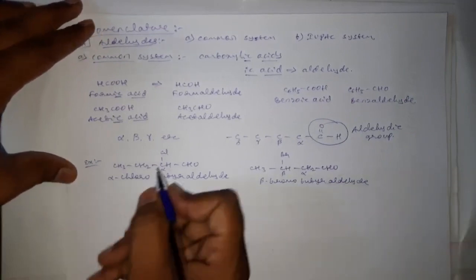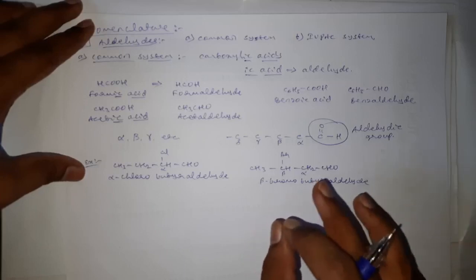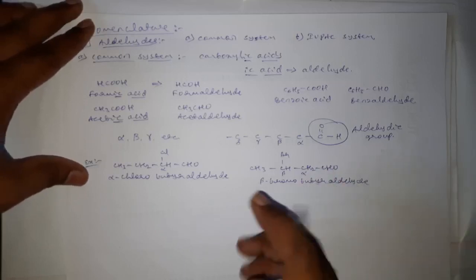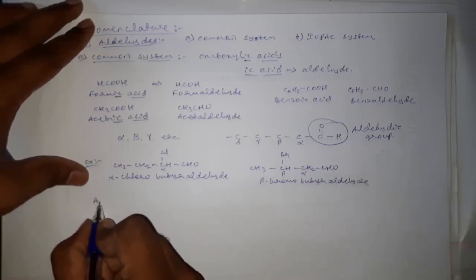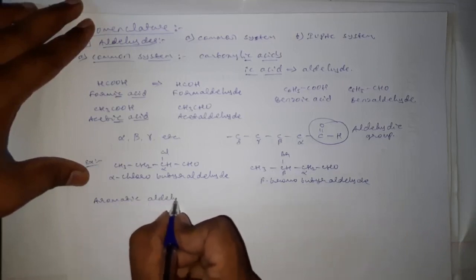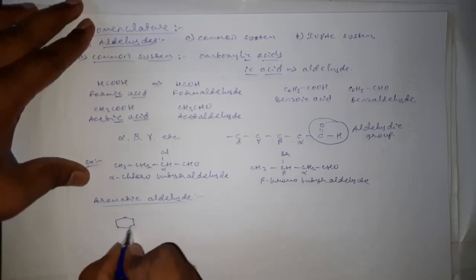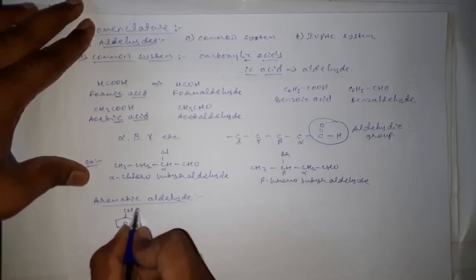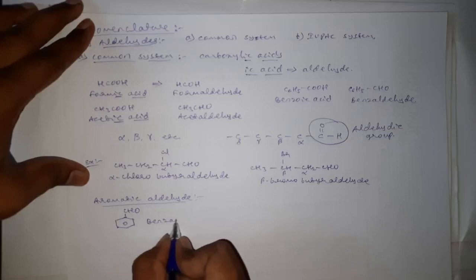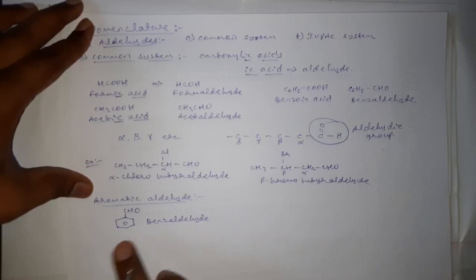And the next point is, here 2 points are completed. The third point is for aromatic aldehydes. For aromatic aldehydes, the simple aromatic aldehyde, having this general formula, is benzaldehyde.